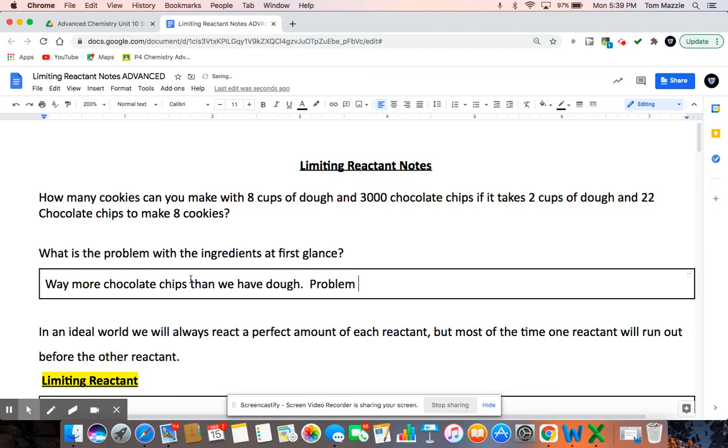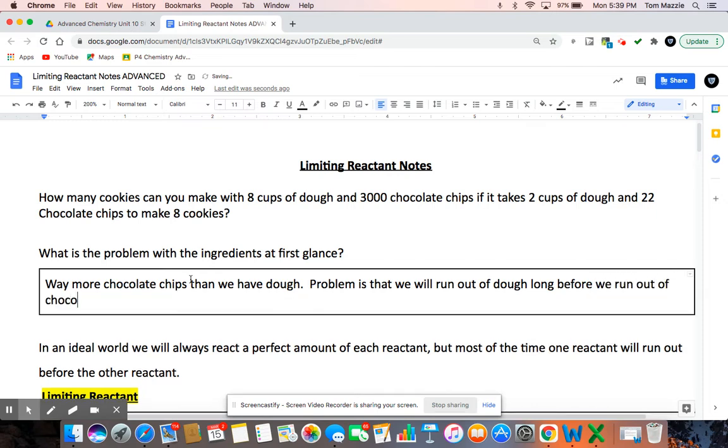So we will run out of dough long before we run out of chocolate chips. In other words, the dough will limit the amount of cookies we can make. The key word there being limit.